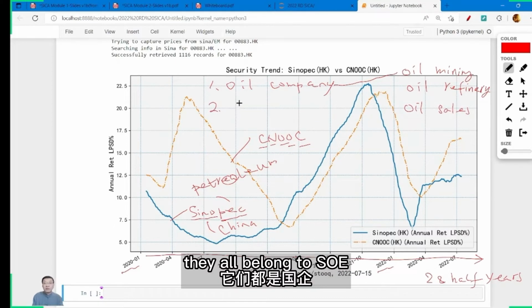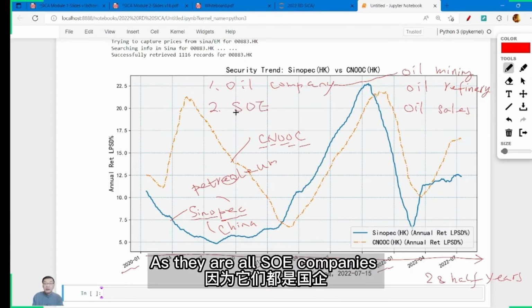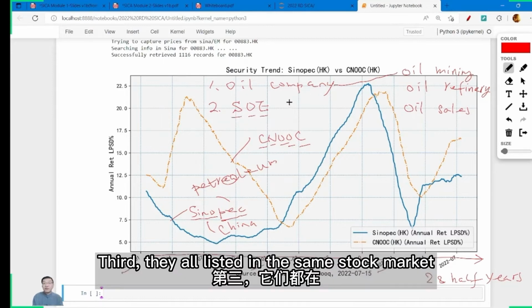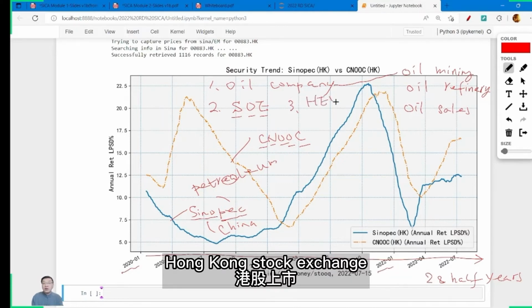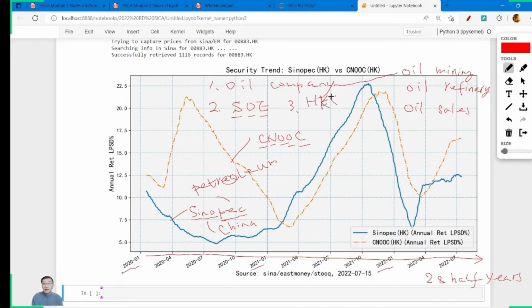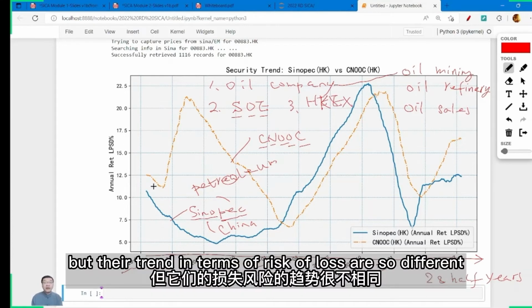Second, they are both SOEs, state-owned enterprises. Third, they are both listed in the same stock market, the Hong Kong Stock Exchange. Yet the trends in terms of risk of loss are so different.